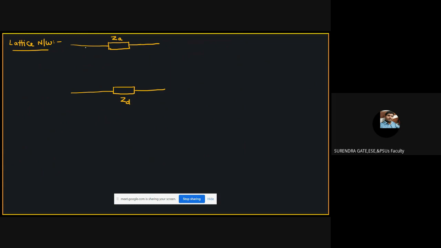Let this be ZC, and this impedance be ZB. This is 1 dash, 2 dash. This network is the lattice network.